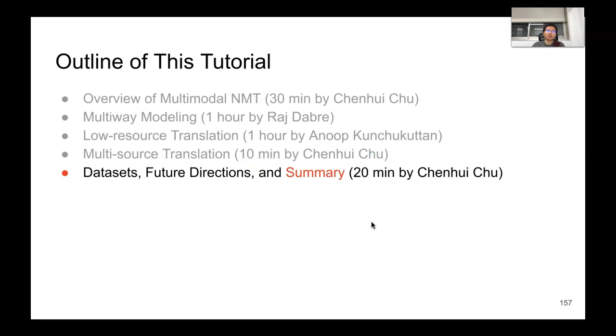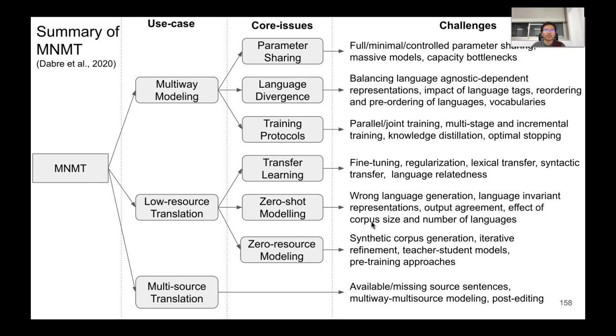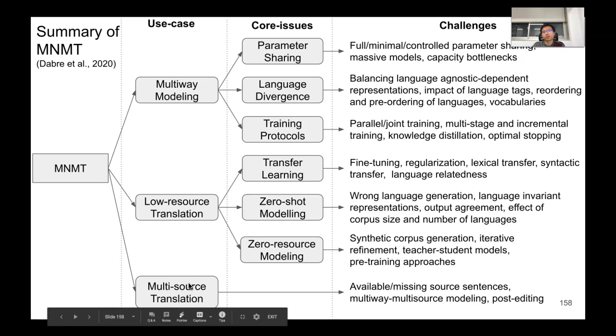All right, so finally, let me wrap up this tutorial. In this tutorial, we gave an in-depth, very detailed explanation about MLMT based on its use cases, which are multi-way modeling, low resource translation, and multi-source translation.